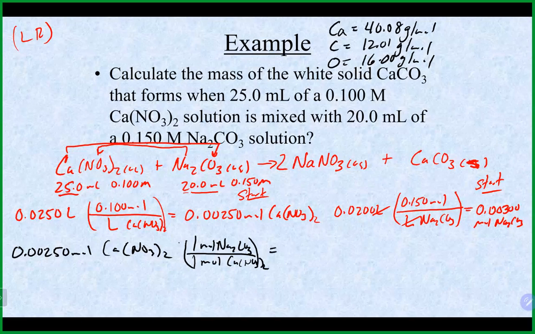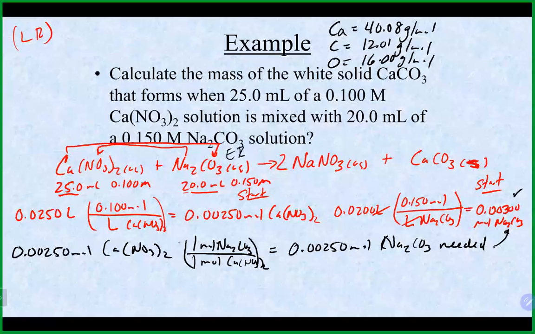That means that I would need 0.0025 moles of sodium carbonate. When I look at my sodium carbonate, I have 0.003 moles of it in comparison. So I do have enough, and it is that calculation that tells me that this is my excess reagent and this guy is my limiting reagent. So you got to do some type of calculation.